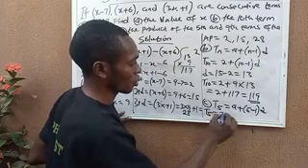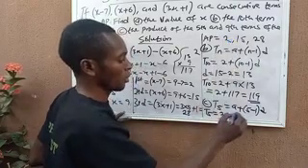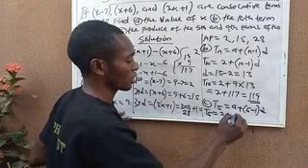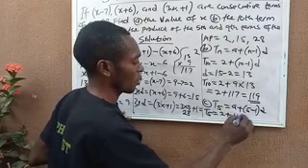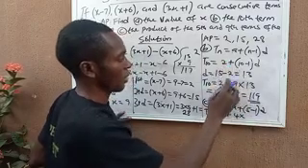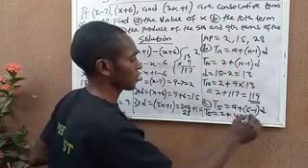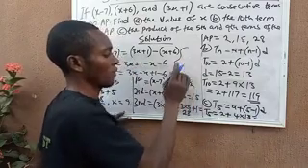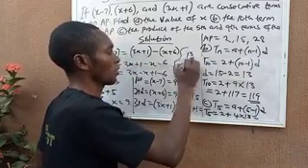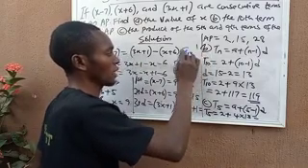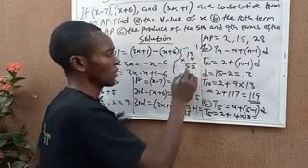So we know A is 2. T5 equals 2 plus 5 minus 1, which is 4, times D, our common difference, which is 13. So we have 4 times 13. 4 times 3 is 12, write 2, carry 1. 4 times 1 is 4, plus 1 is 5.